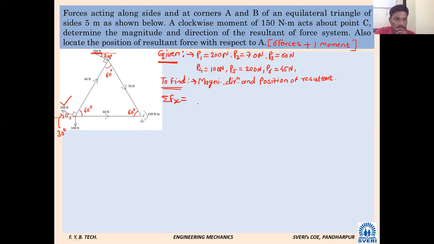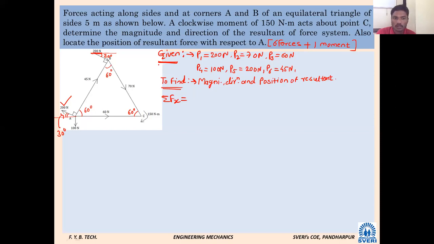Okay, so let me see. Force number one. Which is our force number one? Topmost 200 Newton force. Its direction also is known to you at point B. So what we want to do is calculate the x component of that force, whether it will be positive or negative.